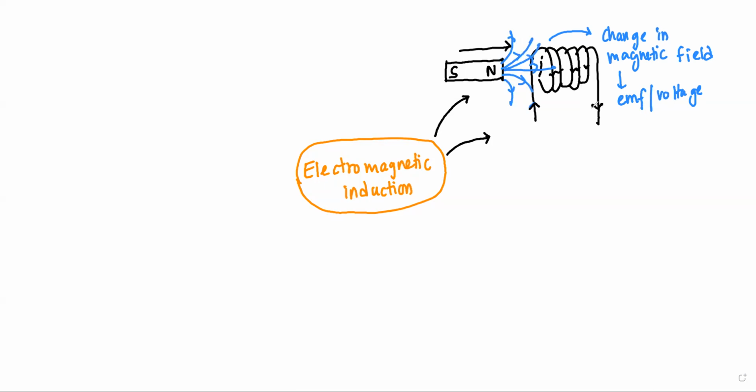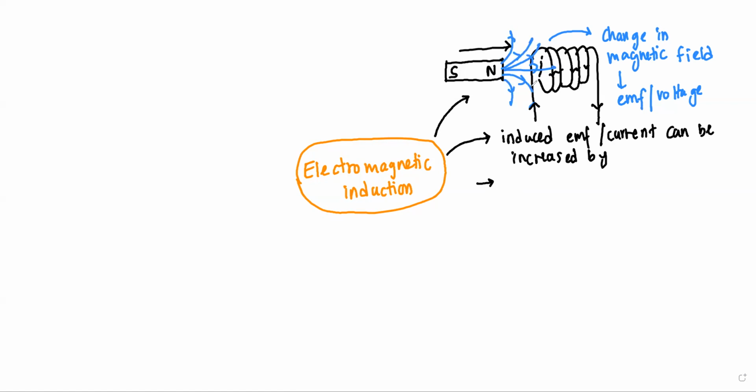and to decide the amount of current to increase, if you want to increase the EMF induced, then there are factors to do. The induced EMF or current can be increased by, first, increasing the number of turns of the coil.